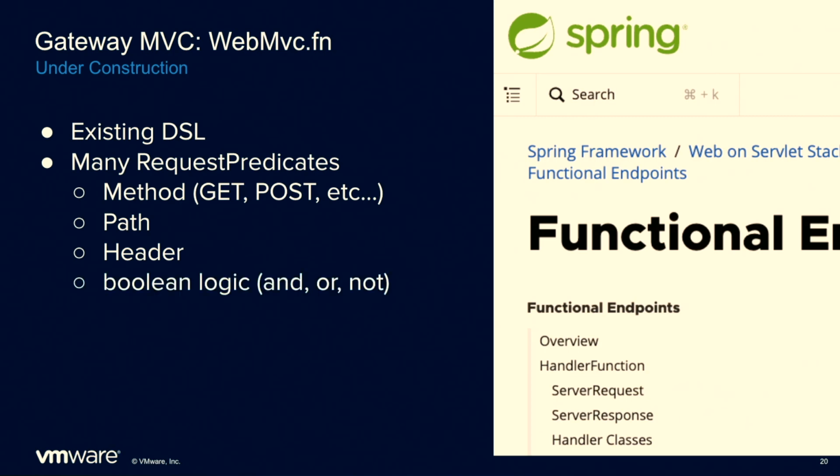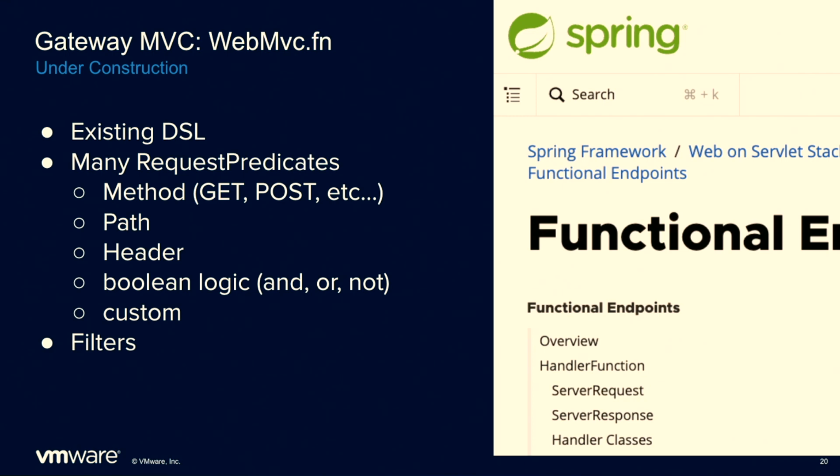And then you can do Boolean logic with them, so you can compose them in any way that you want, which is really flexible. And I was like, yes, I already have the DSL. I don't have to create my own, which I did in WebFlux.